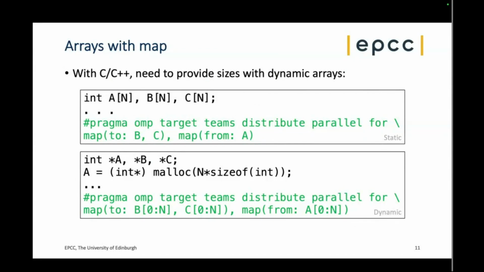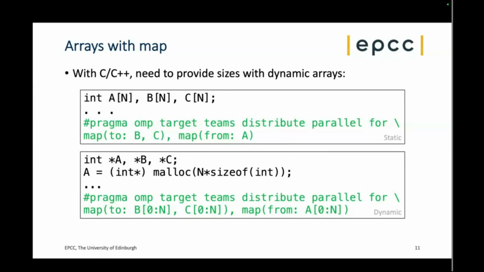So in this case, for instance, you have some static arrays A, B, and C of size n, and you want to map them to the device, and you can just give them the name of the variables. That's fine because the compiler knows how big the array is at compile time. So it can figure out which regions of memory to move between the CPU and the GPU.